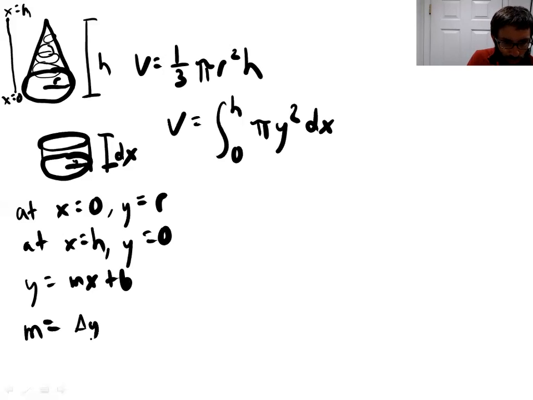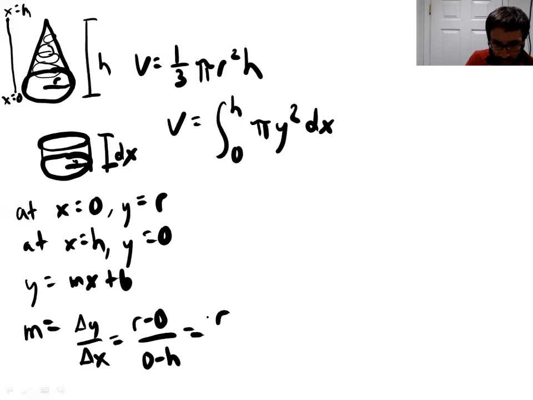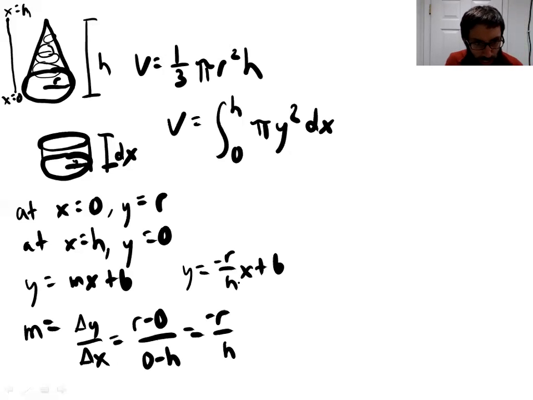Our slope m we can calculate. That's rise over run, delta y over delta x, and that's r minus 0 over 0 minus h, which is negative r over h. So let's continue plugging that in. y equals negative r over h times x plus b. Let's plug in one of these points. At x equals 0, y equals r.